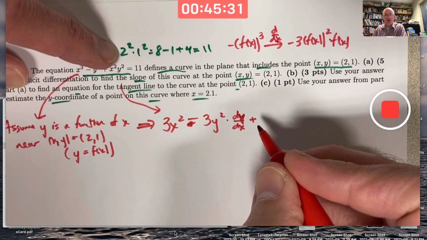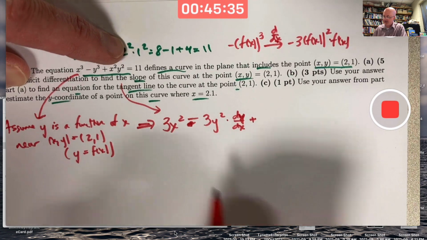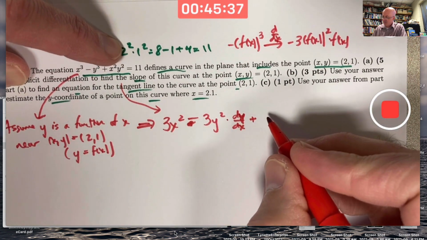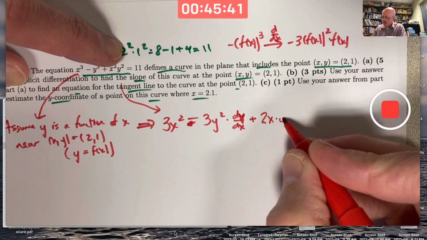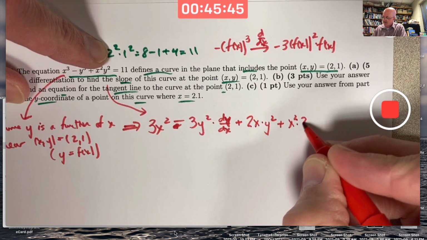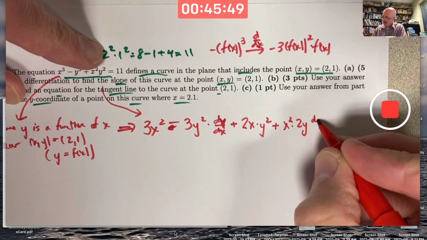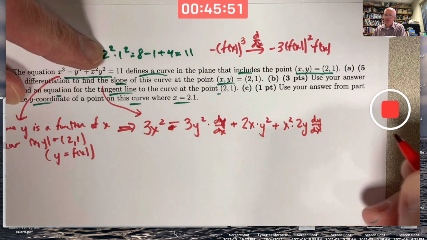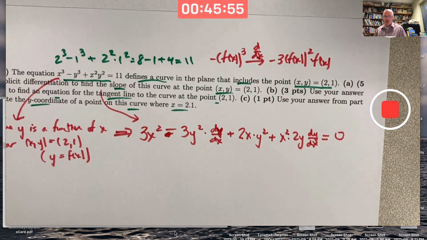X squared is the first function, y squared is the second function, really, of x. Ultimately, I could write that as an f of x squared. Product rule says take the derivative of the first function, 2x, times the second function, plus the first function times the derivative of the second. It's not 2y, it's 2y dy dx. I need the chain rule again. Derivative of 11 is indeed 0. It is a true constant.